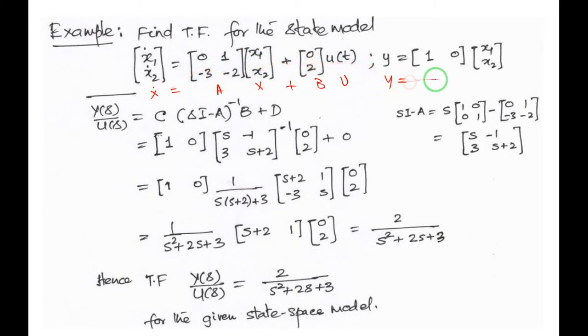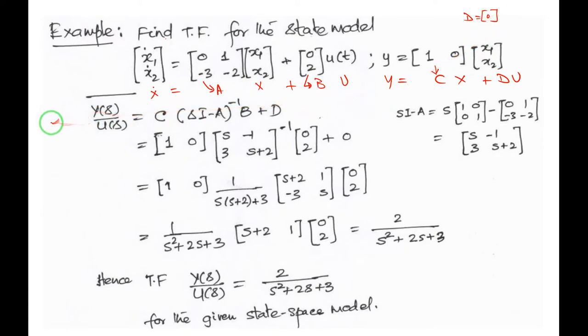Then y equal to Cx plus Du. So here D is 0. So we have identified this is matrix A, this is matrix B, and this is matrix C. Matrix D is 0, right? Only one input, so it will be 0.